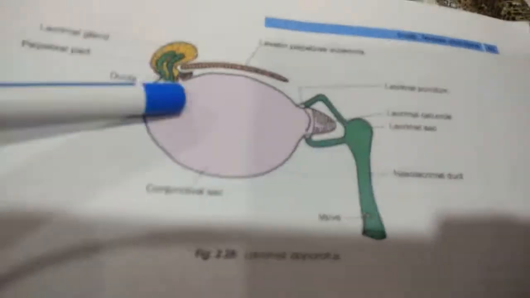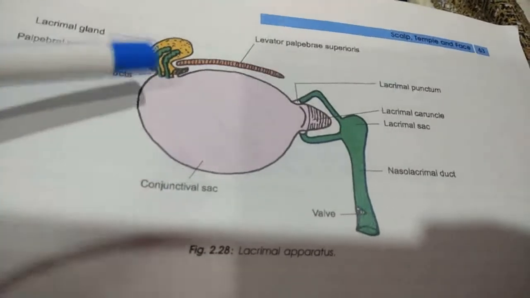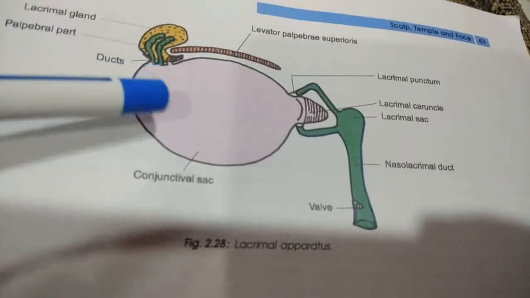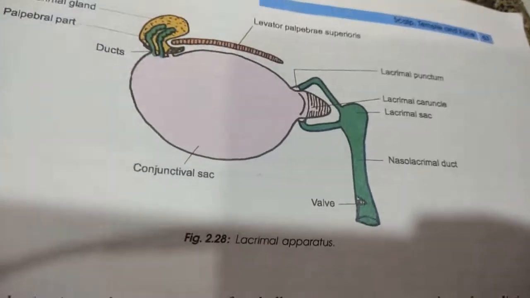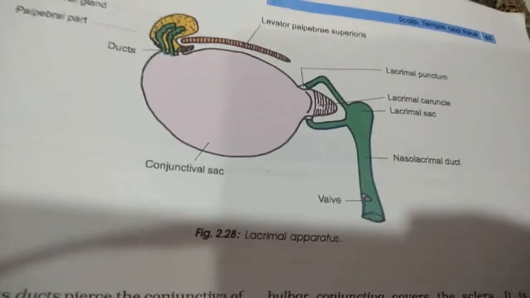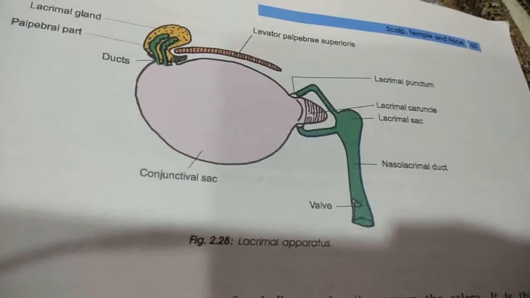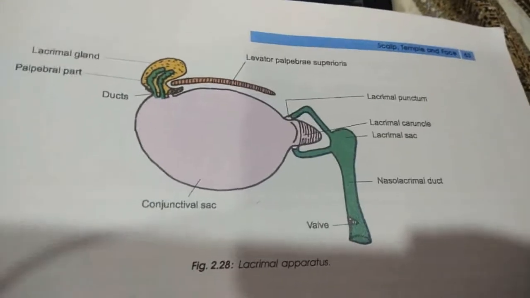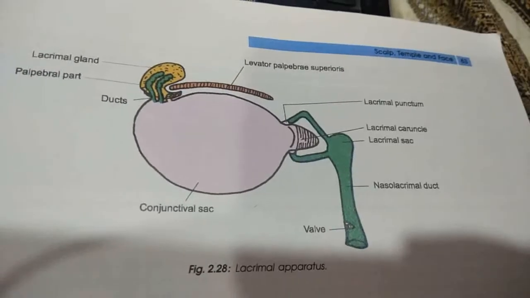The conjunctival fornices means the junction between the palpebral part of the eyelid, which has a conjunctiva, and the bulbar part over the eyeball, in the outer part of the sclera, there is the bulbar conjunctiva. In between these two there is the fornix part. There also there are accessory lacrimal glands which are very small.